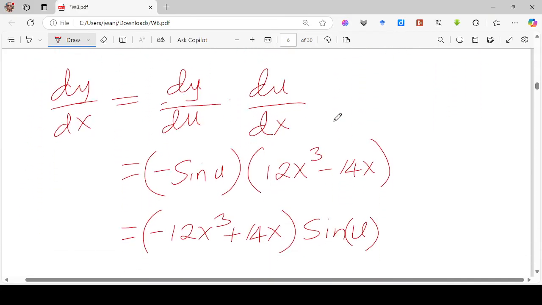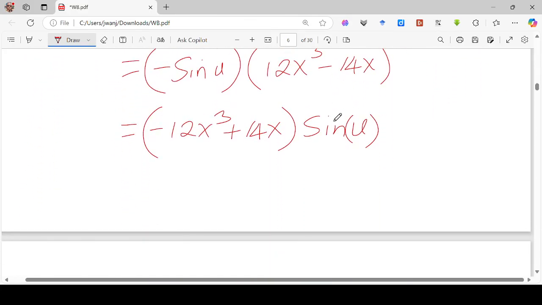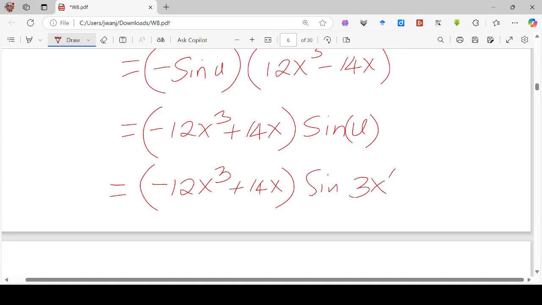So we can substitute back here, and the result will be minus 12x raised to power 3 plus 14x multiplying sine of 3x raised to the power of 4 minus 7x squared, which is the derivative dy by dx.